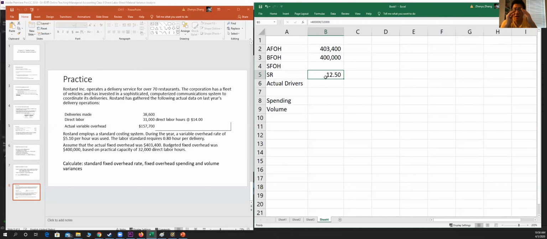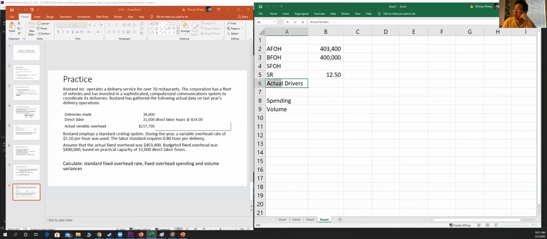What is the standard number of drivers we need? We need it for the actual deliveries. You can see it's based on delivery, right? So the company made deliveries in the amount of 38,600, and based on their expectation, each delivery should require 0.8 hours.